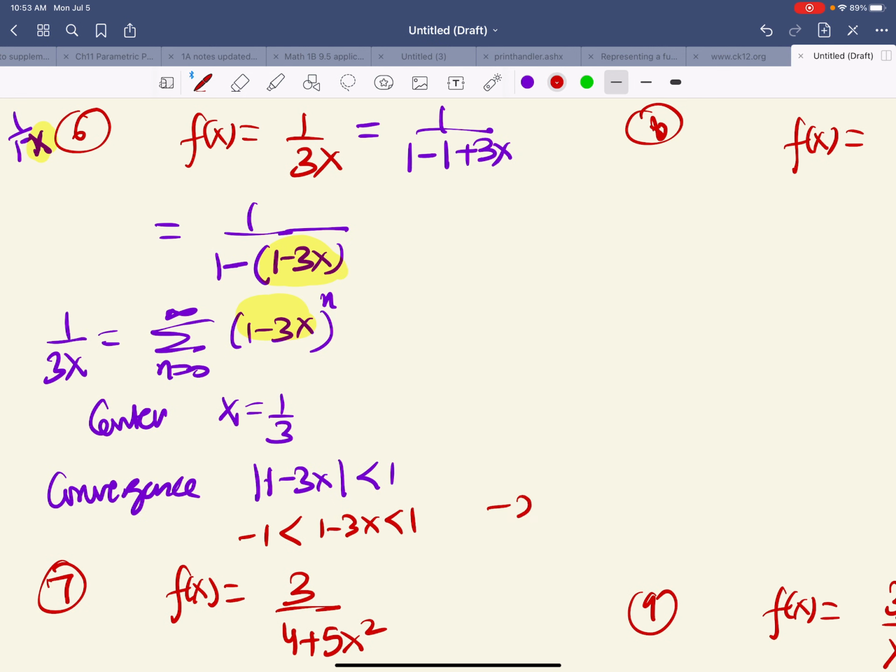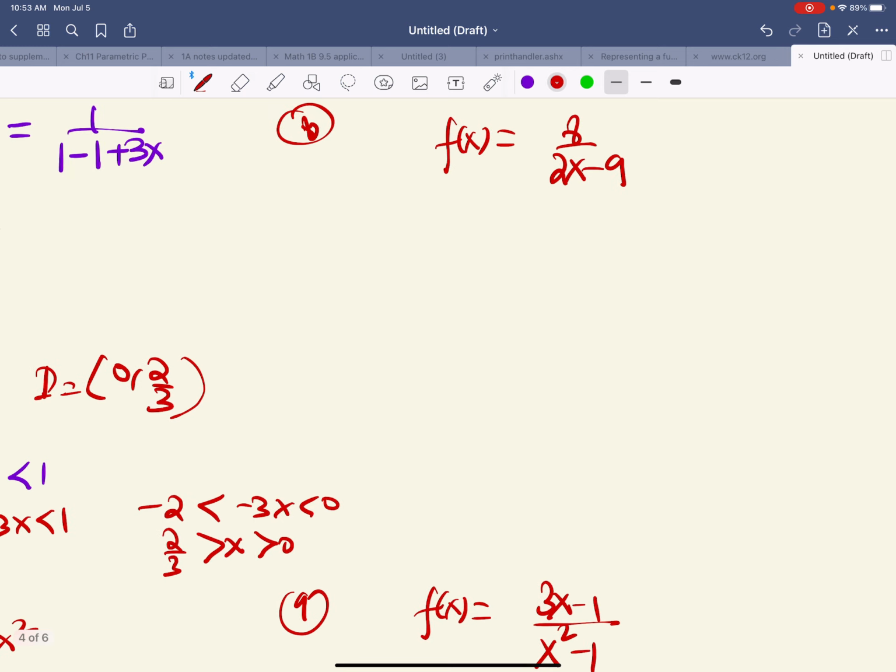That's going to give me -2 less than -3x less than 0. Divide everything by -3. The sign flips when we divide by a negative number. So the interval of convergence in this case is going to be between 0 and 2/3. This series converges on 0 to 2/3.